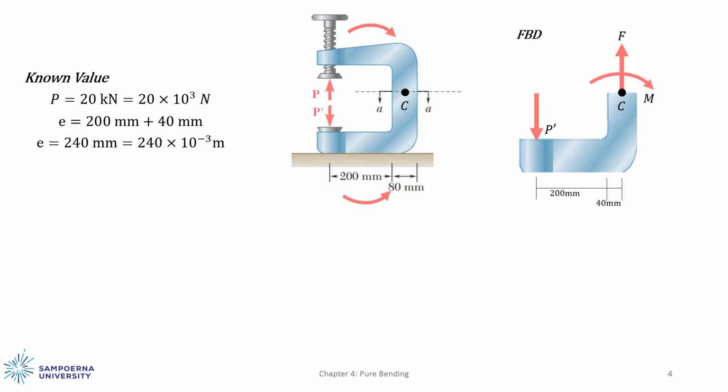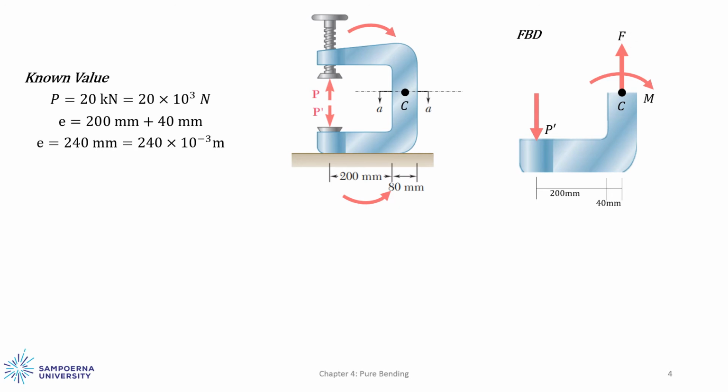Let's take the bottom portion of the beam because we assume it is in equilibrium. So when there is force P prime acting downward, there will be a force acting in the opposite direction of P prime. We call it F.